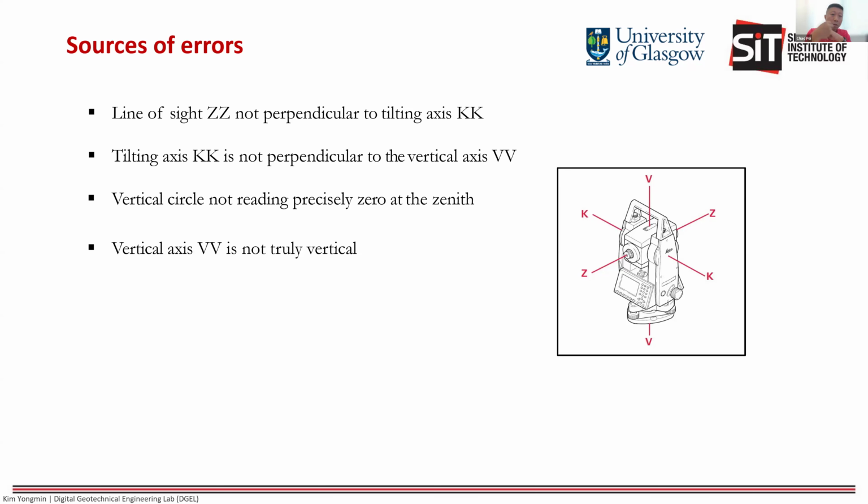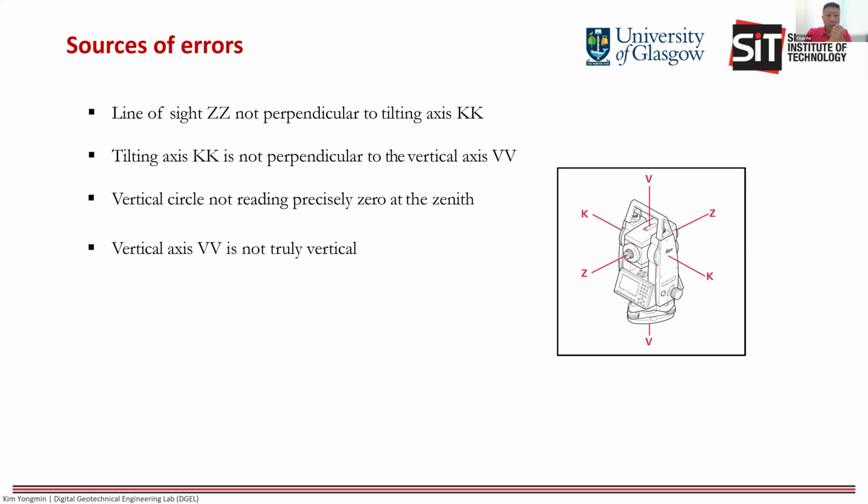So the sources of the errors, the first one is the line of sight, which is ZZ, not perpendicular to the tilting axis KK. It means that the ZZ is already tilted, maybe due to damage or something that happened to the instrument.